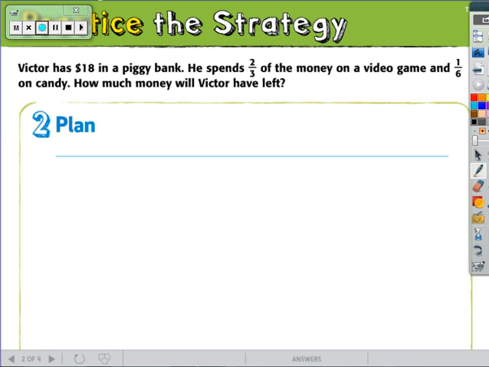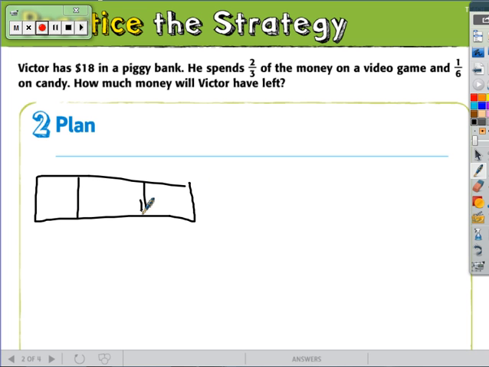So our first model is going to be what? 2/3. So we have to model the 2/3.